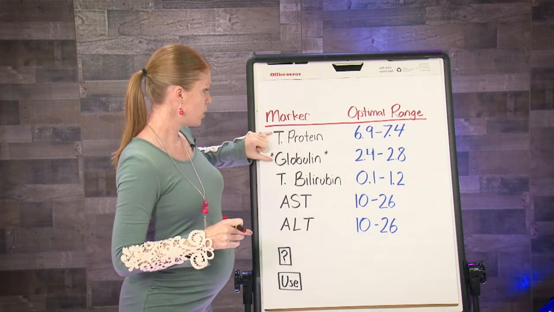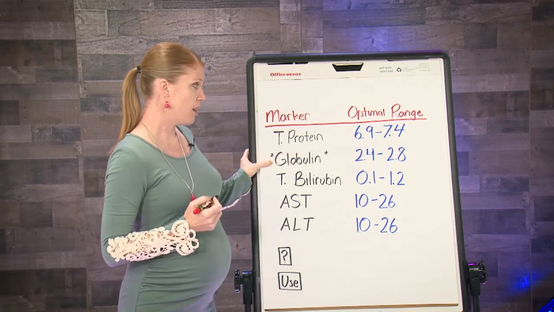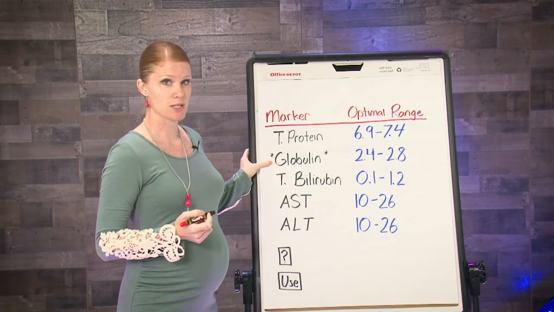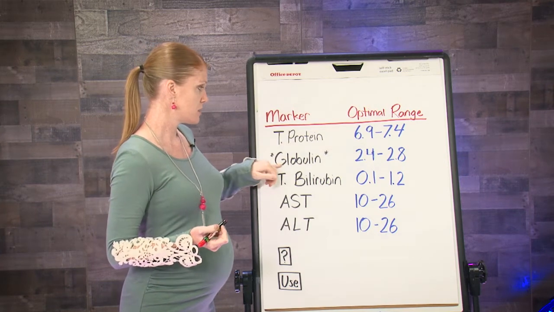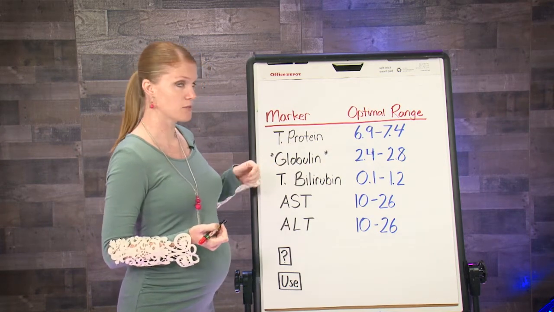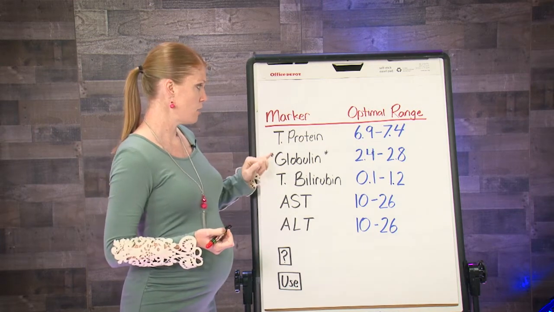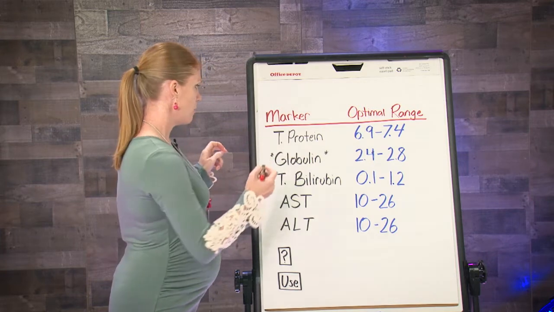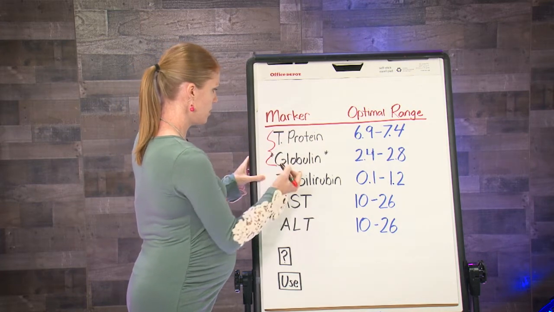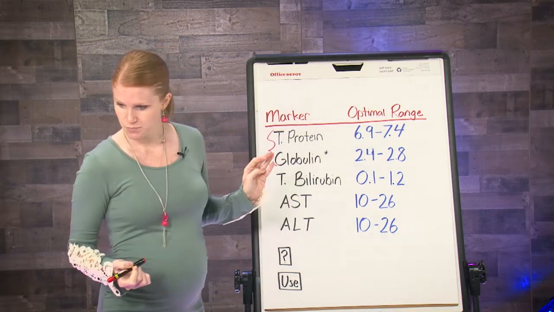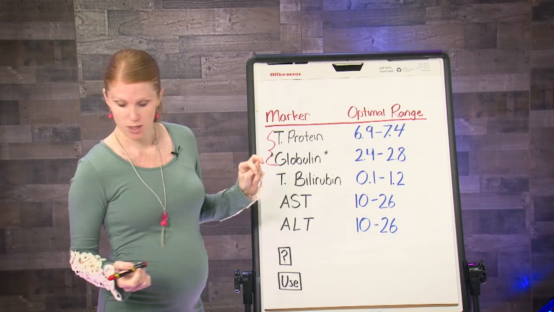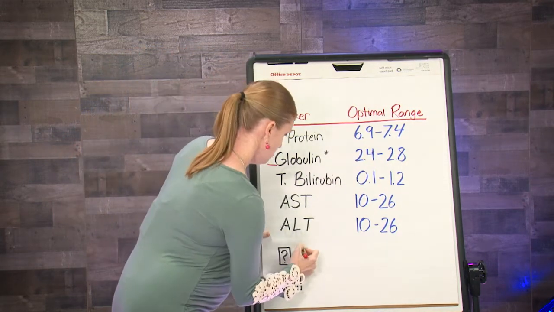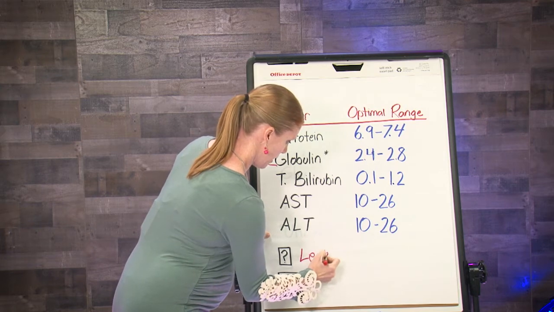Okay, total protein and globulin. You're not often going to find globulin. I've requested a lot of medical records. This one's not typically seen, but it's very, very helpful. And it's not part of your metabolic panel, which is why I have these asterisks. But the two of them together will give us an indicator of leaky gut.